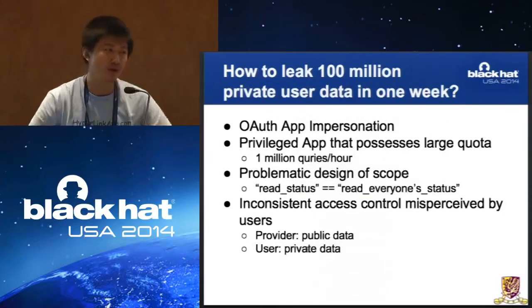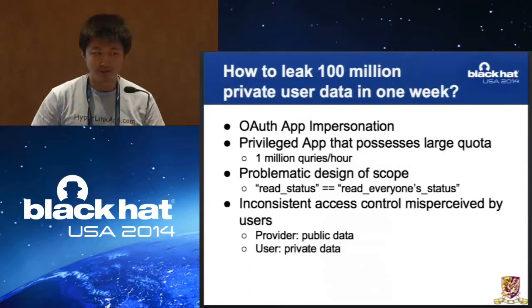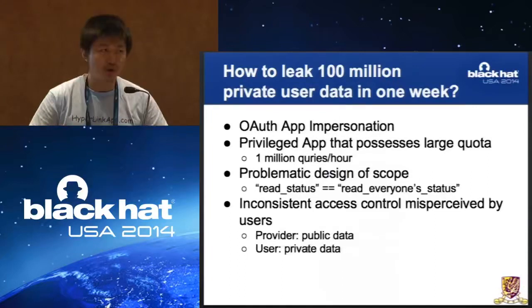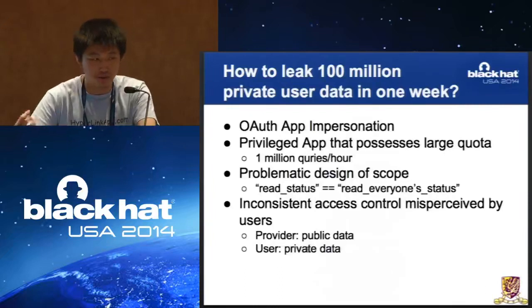Okay, so let's recall what factors make this problem: 100 million private user data in 1 week. First is the OAuth impersonation, because given this problem, you can impersonate another app. The second is that there exists a privileged app. If all the apps were born equal, there would be no incentive to impersonate others. However, since they are not equal, you have an incentive to impersonate others, and it gives you the rate.